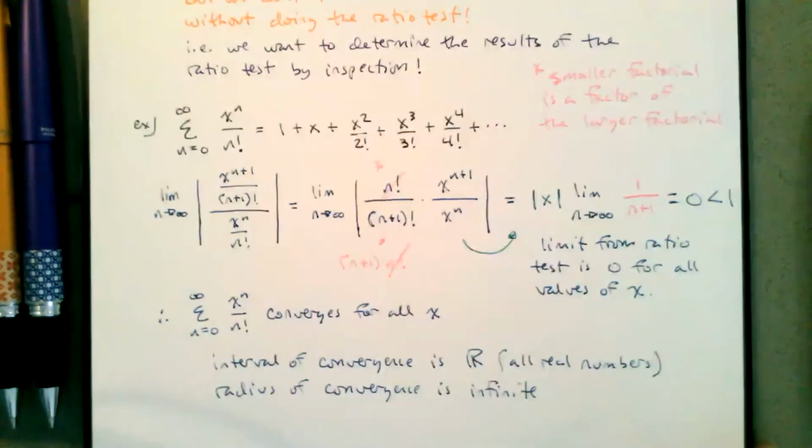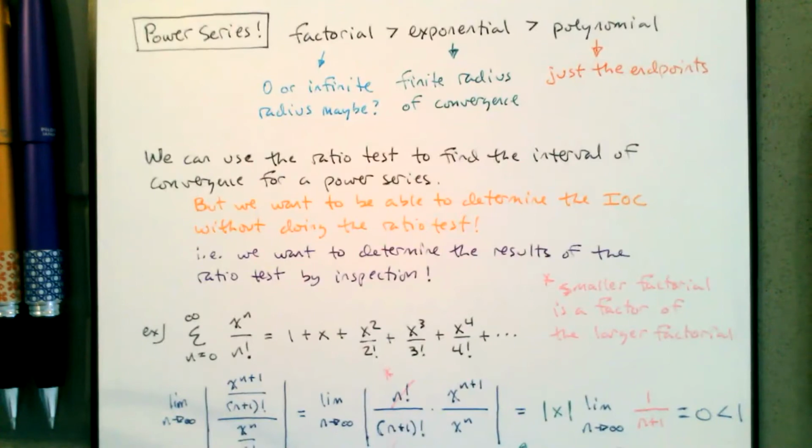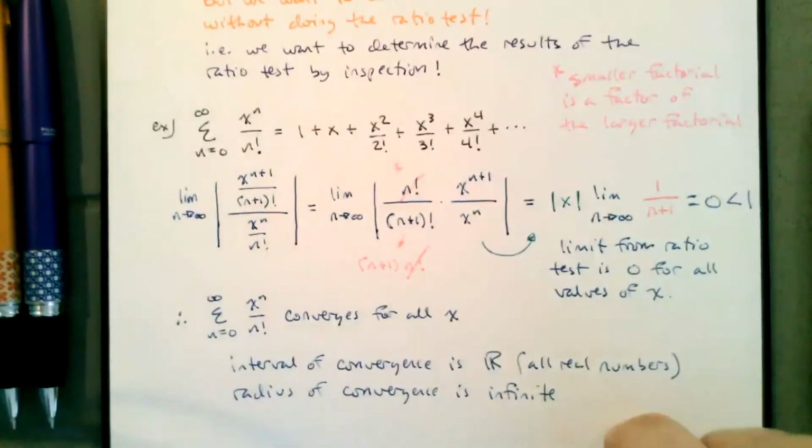So we're still thinking factorial defeats exponential, which defeats polynomial. The goal is just to learn to read the factors in the coefficient.